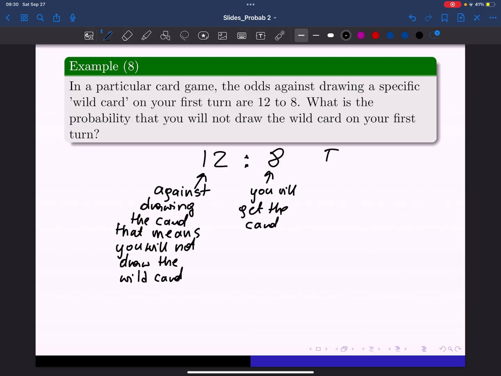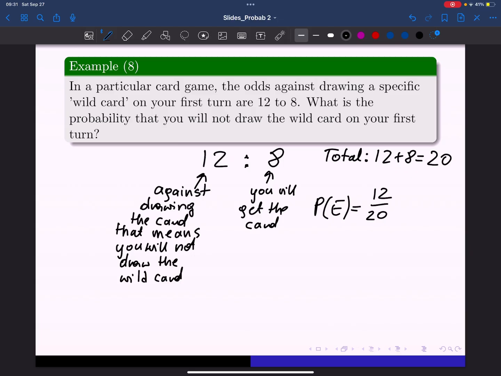So what is the total? The total number of odds is 12 plus 8, which is 20. Now we need to see what the question asks: the probability that you will not draw the card. So the probability of not drawing the card is 12 chances out of the total number of tries. So the probability of event E would be 12 out of 20.